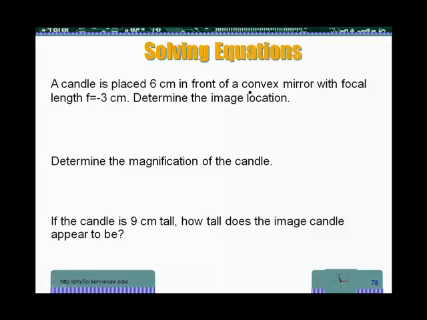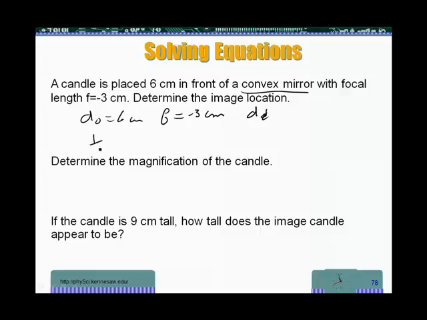The fact that they tell us it's a convex mirror should tell us that the focal length should be negative. They don't have to tell us that it is negative, but anyway, in this case they did. So we are given DO, 6 centimeters, and F, -3 centimeters. We are asked to find DI.